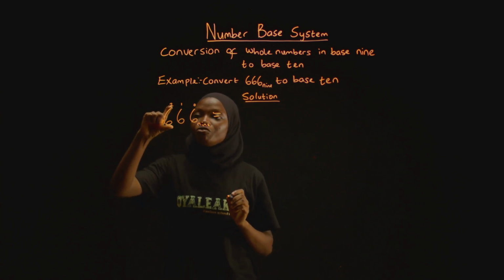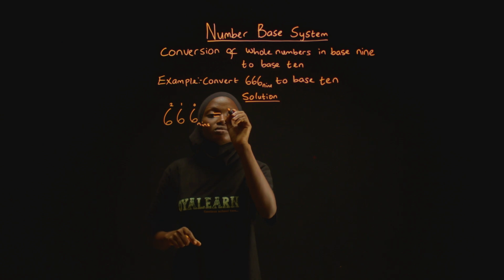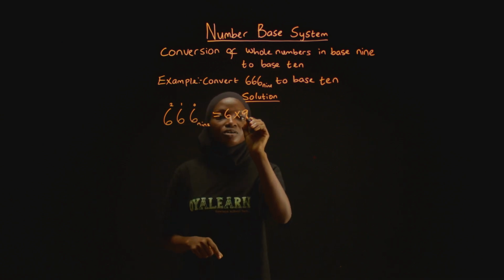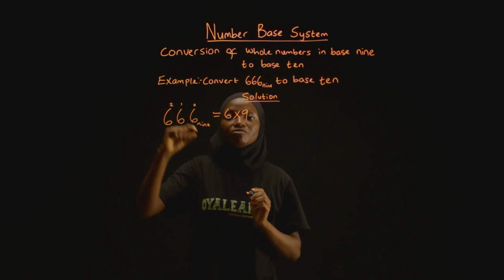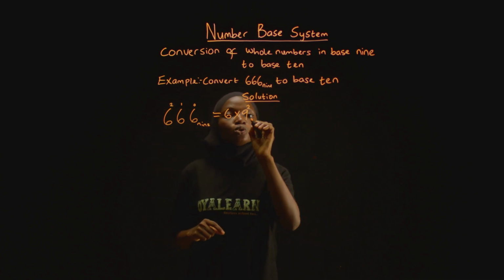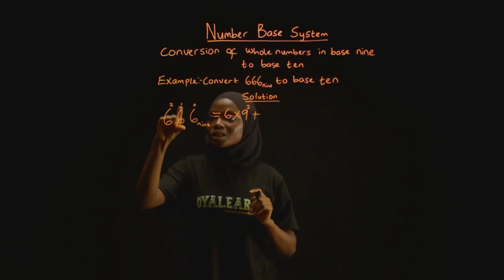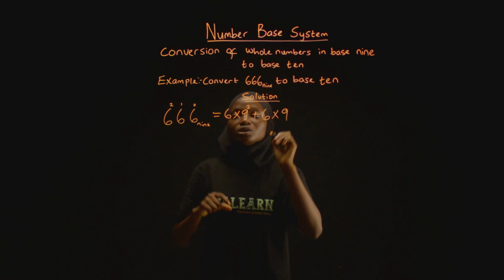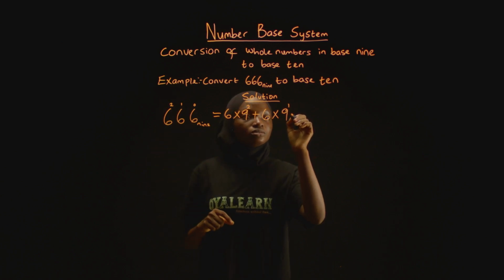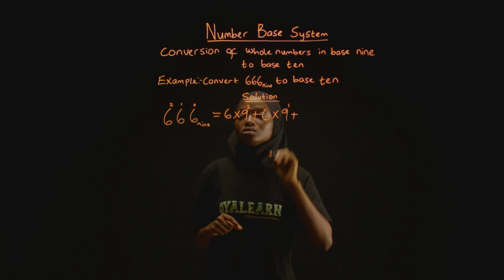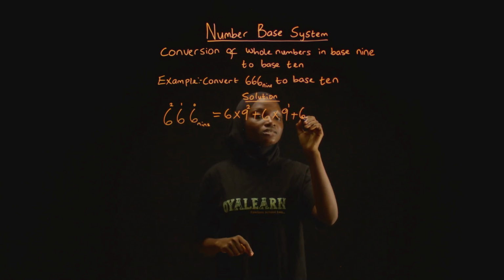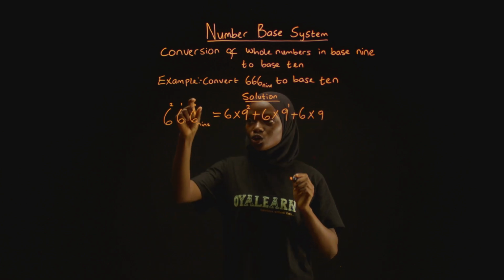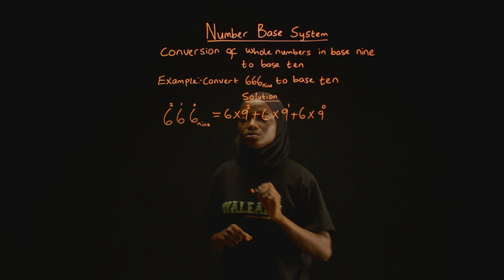We pick the first digit, which we have as 6, multiply by the base 9, raised to the power of this numbering we have for that first digit, 2, plus, pick the next digit, 6, multiplied by the base 9, raised to the power of 1, the numbering we have, plus the next digit, 6, multiplied by the base 9, raised to the power of 0, the numbering.